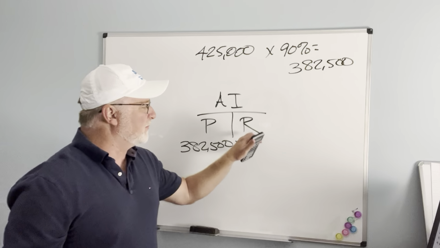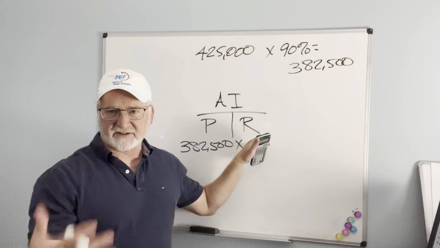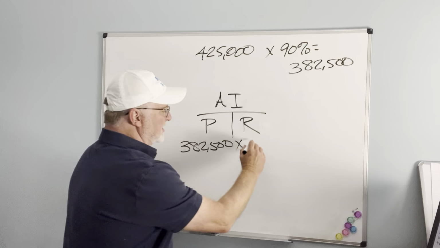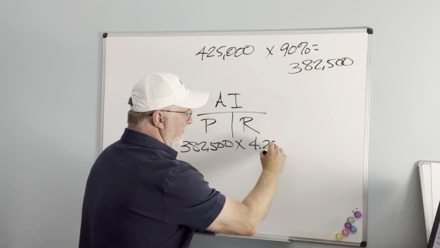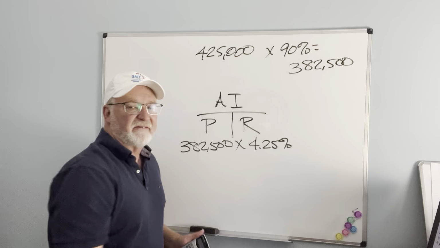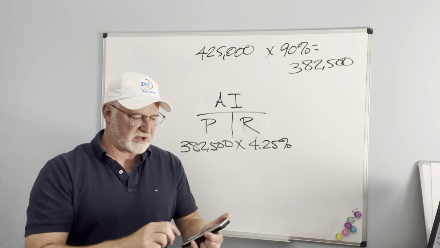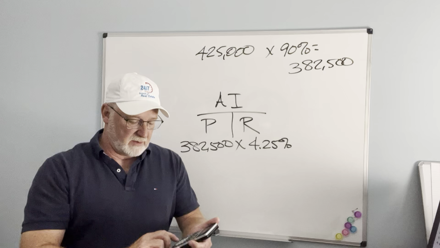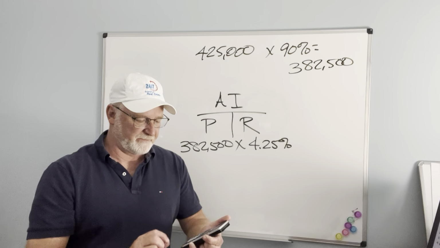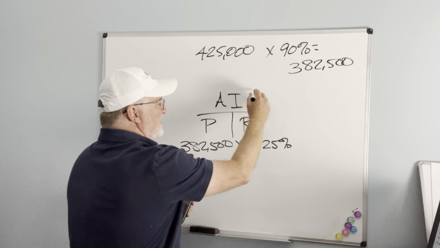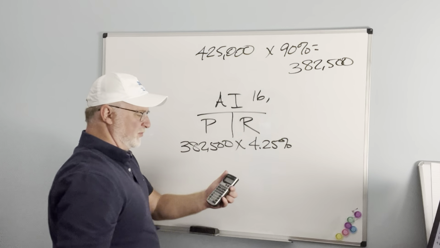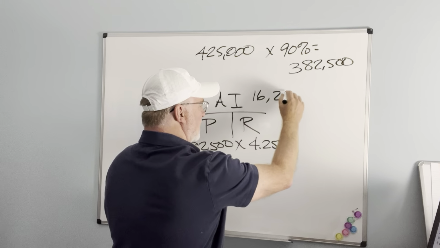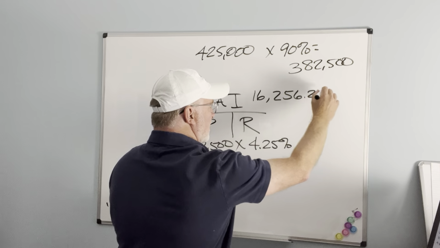I continue reading. The interest rate is 4.25% with a factor of 4.92. Notice what the formula asks us for: it asks for the interest rate. So her rate is 4.25%. As it turns out, that factor is unimportant in this question. So 382.5 times 0.0425 tells me that in this year, her annualized interest would be $16,256.25.